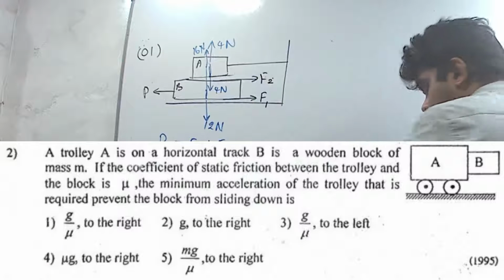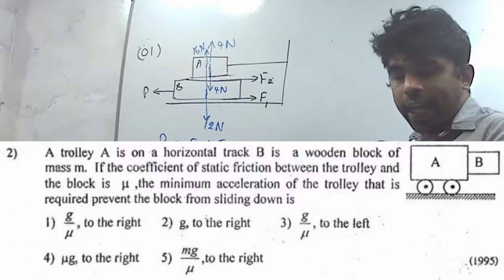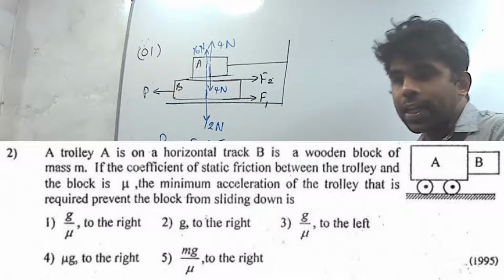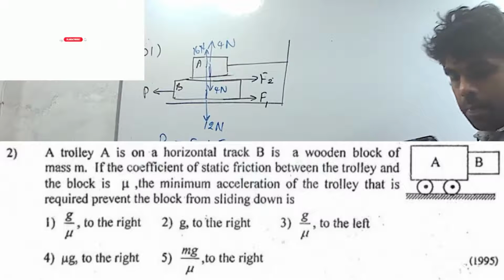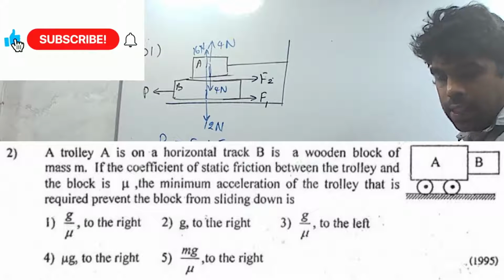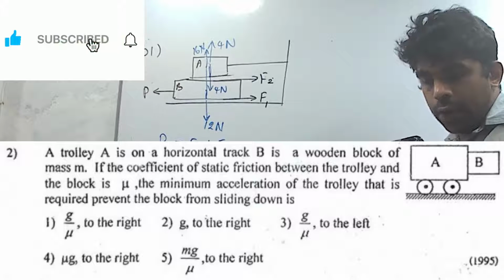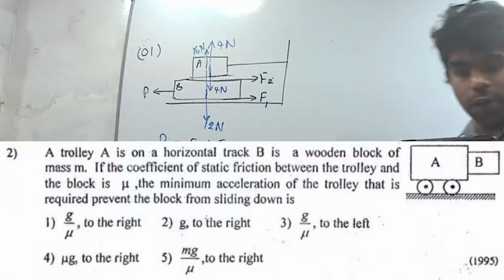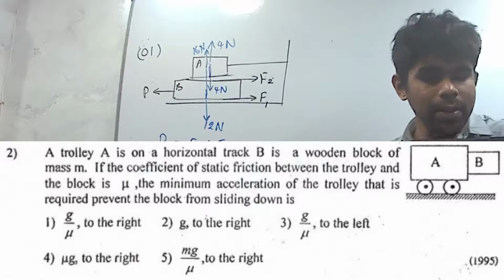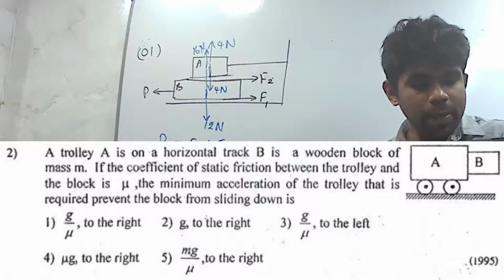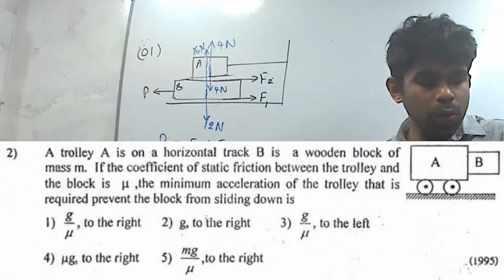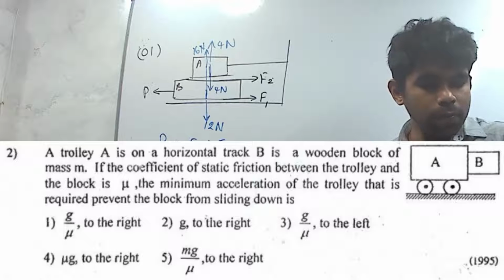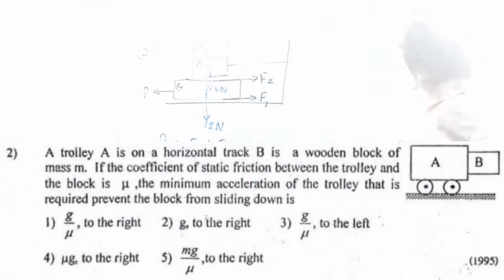Then question number 2. A trolley A is on a horizontal track. B is a wooden block of mass M. If the coefficient of static friction between the trolley and the block is mu, what is the minimum acceleration of the trolley that is required to prevent the block from sliding downhill?